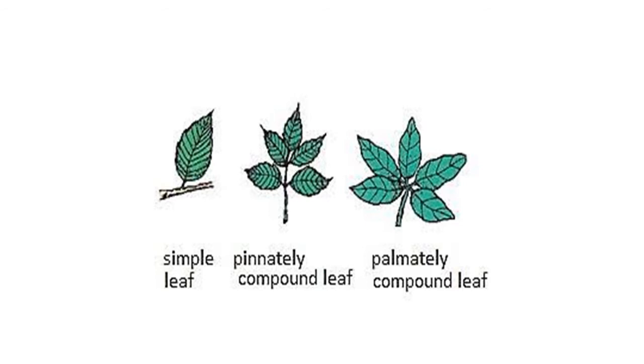In the third figure, the arrangement of a palmately compound leaf, the leaflets are not arranged like a feather shape, but look like a palm shape because all the leaflets are arranged on one common point of the axis or rachis. So simple leaf, pinnate compound leaf and palmate compound leaf are different in their arrangement.